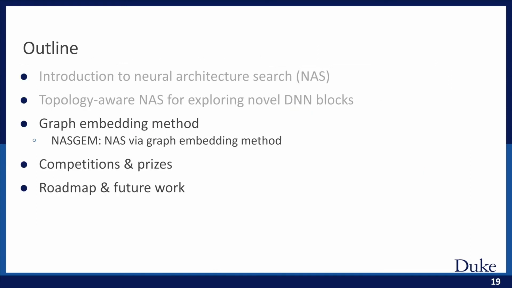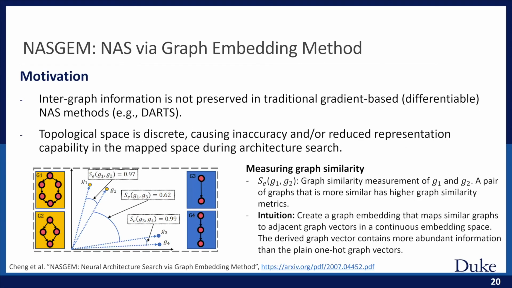Next, I will also quickly go over what we call the graph embedding method. The method can provide a more robust feature for representing the DAG-based search space. This is a continuation of the previous work. When we're talking about gradient-based networks, usually we extract an adjacency matrix as the feature vector for DAGs. What we observe is that it's not easy to take the adjacency matrices of two different graphs and define their similarity.